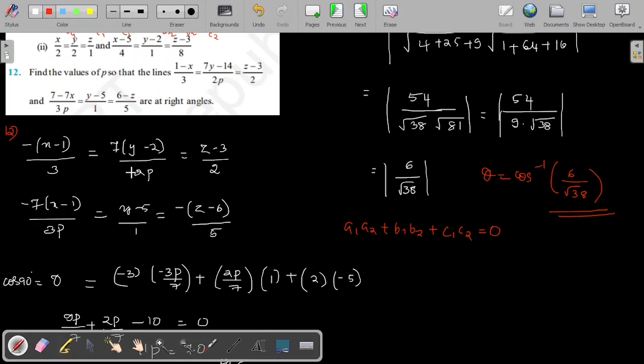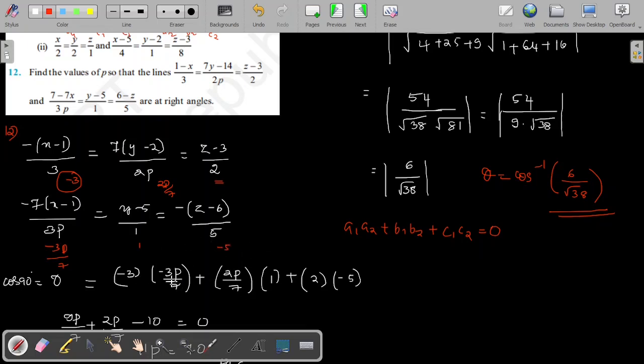Here it is as it is. Then take minus 1 common, z minus 6 by 5. Therefore, your a1 becomes minus 3, b1 is 2p by 7, because the coefficient of y minus y1 should be 1, so this has to be in the denominator. So it becomes minus 3 here, this is 2p by 7 and here it is 2. Then this is minus 3p by 7 and here it is 1 and minus 5.